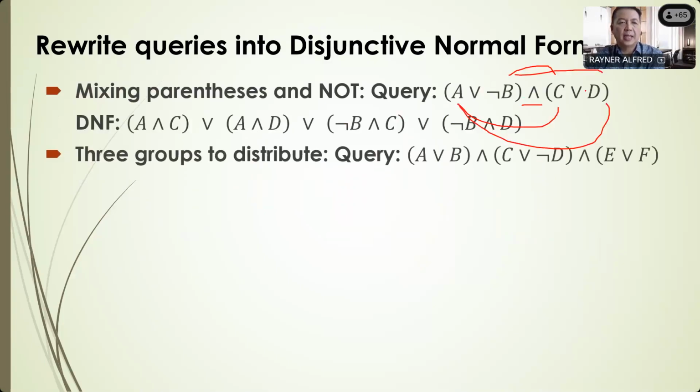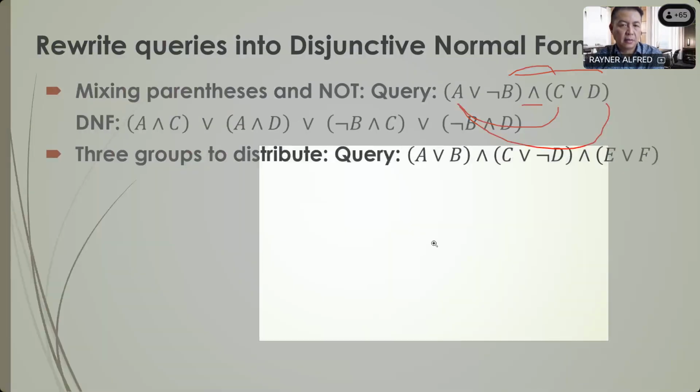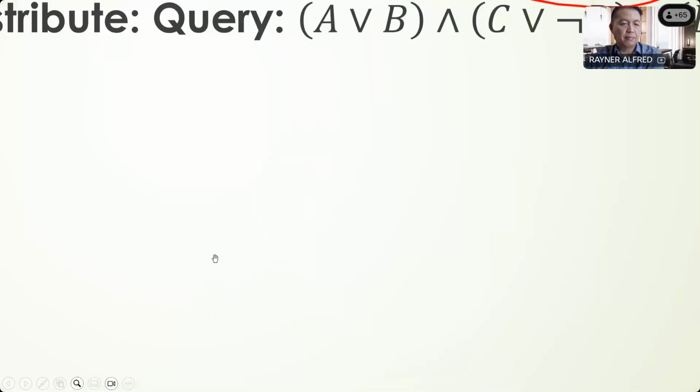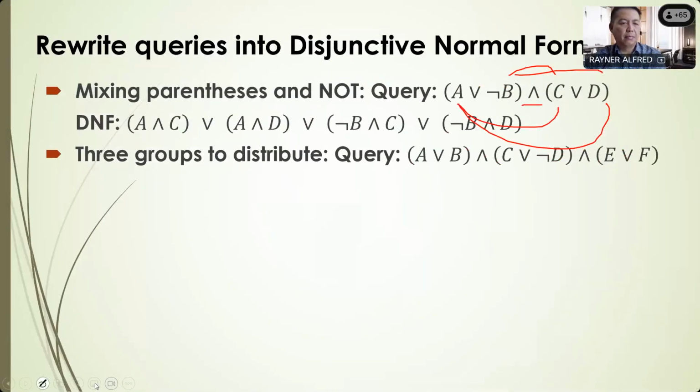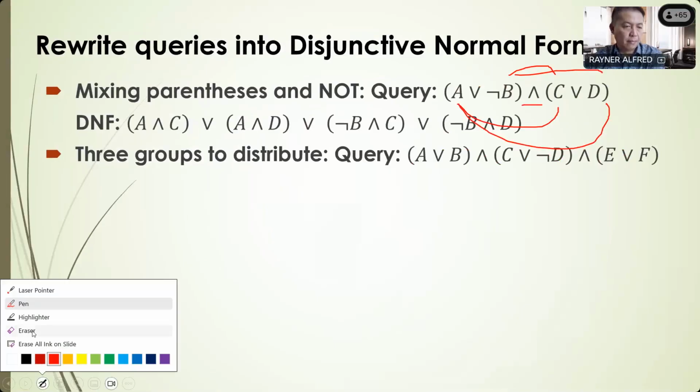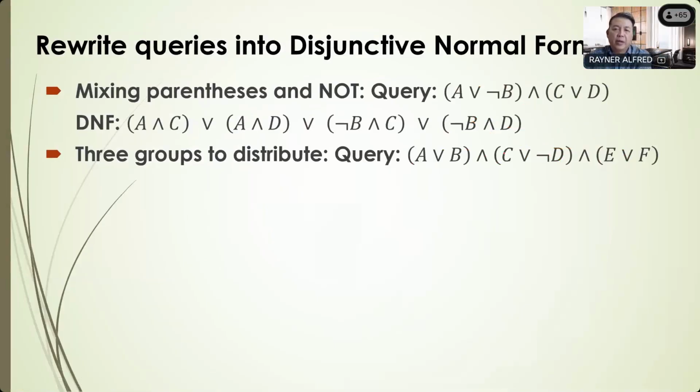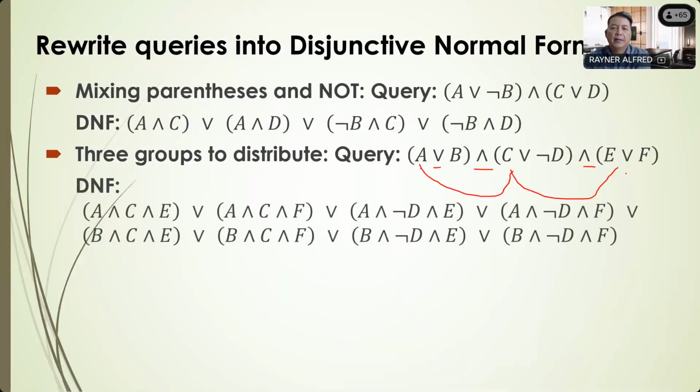Okay. These 3 groups are distributed. So we have 3 here. Let me erase first. So we have AND, right? But inside here we have OR. So we just combine A, C, E. So we have 3, 3, 3.